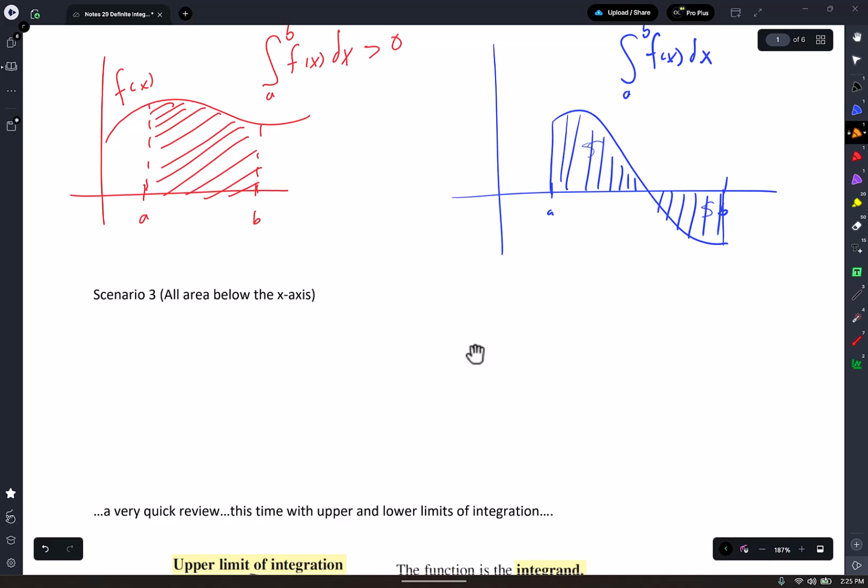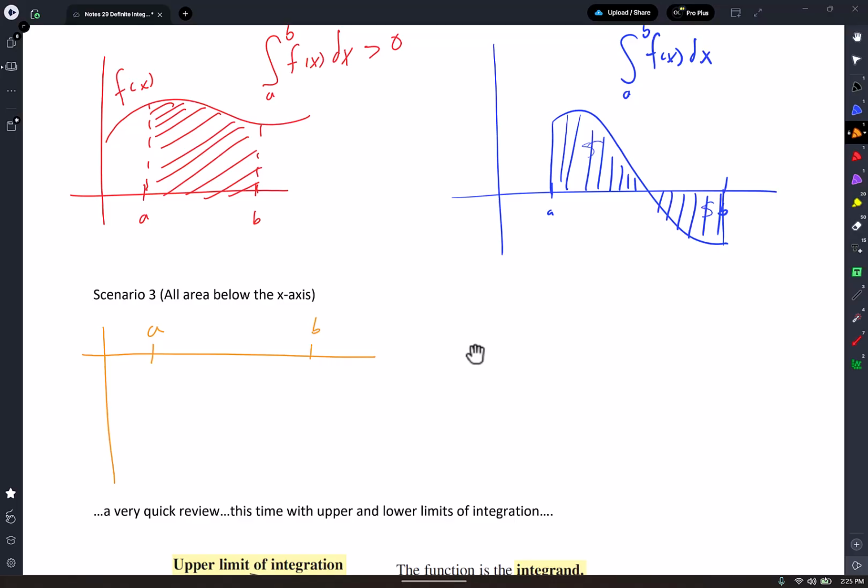And here we go. I'm going to use burnt orange for UT, just by coincidence. That's A, that's B. If I have a curve below the x-axis all the time, and I find this area, the area itself is always positive, guys, but the integral from a to b of f of x dx, what it calculates, because remember, all I'm doing is width times height for the rectangle, and when it calculates the height, it calculates a negative f of x value, right, because it's below the x-axis.